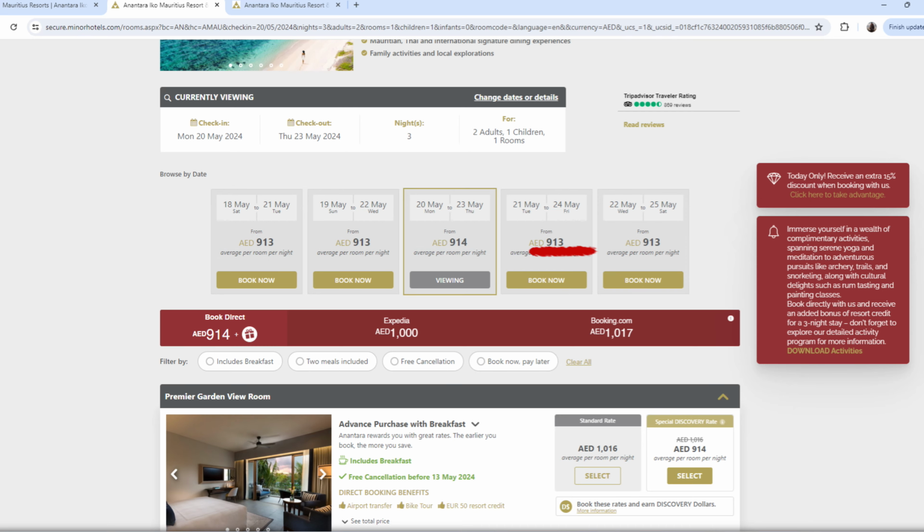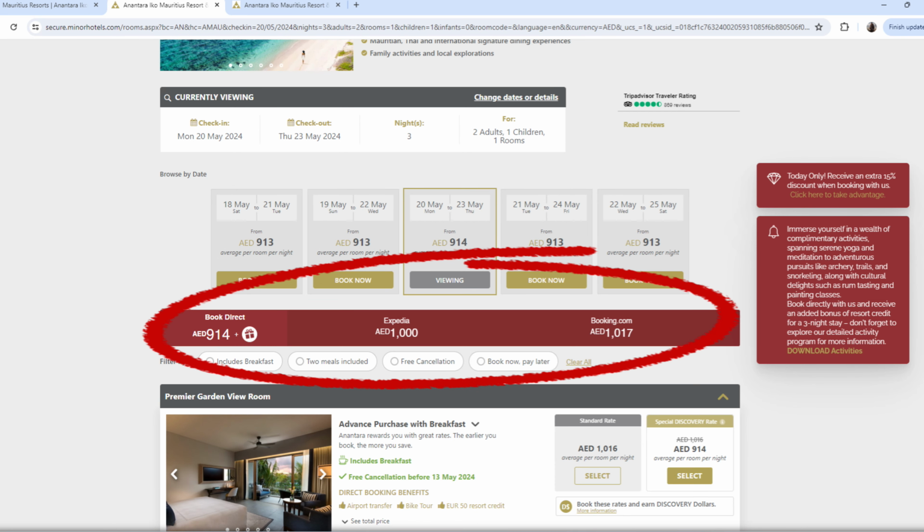And it was true years back. Now it's completely different. Even if you look at Anantara website when you're booking, you can see comparison prices showing you prices on booking.com and other websites versus booking directly with Anantara.